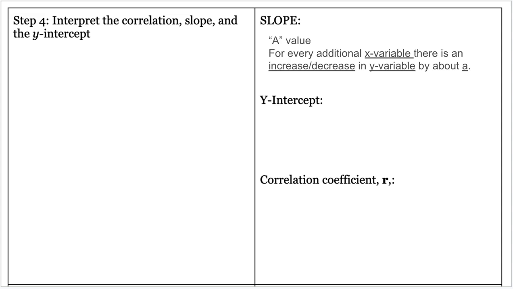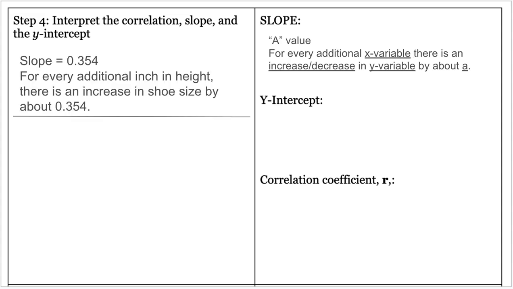Again, that's going to be in context, by about A, whatever the value is. The increase or decrease is going to be whether it's a negative or a positive. We had a positive here, so it would be an increase. And specifically, I would interpret this slope as: for every additional inch in height, there is an increase in shoe size by about 0.354.